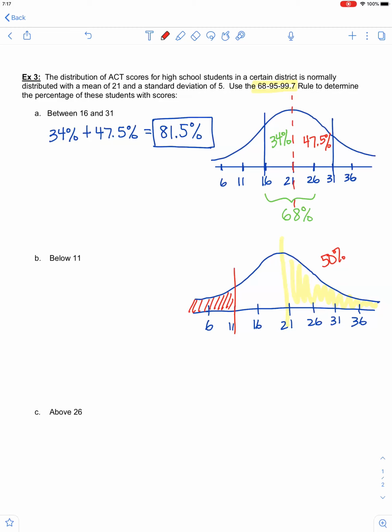Now within 2 standard deviations, so you don't always go right to the answer. Sometimes you have to analyze the situation a little bit. So within 2 standard deviations, here to here, 11 to 31, I should have that 95%. If I want to know what is between 11 and 21 here, it's half of 95. So half of 95 is the 47.5.